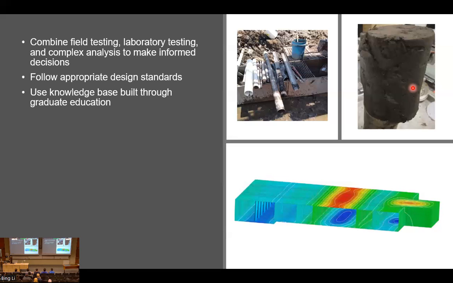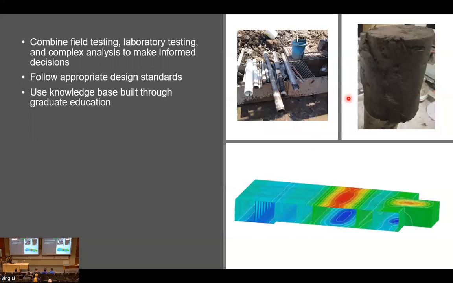Now, once you've collected all the data about your site, you can move on to analysis. In this case, I'm showing you a rather complex 3D numerical model. You would have to interpret your material parameters from the field and lab testing, and then work with collaborating engineers, say structural engineers, to decide on the geometry to use for the model, any assumptions on various load cases to analyze, as well as assumptions on the boundary conditions.